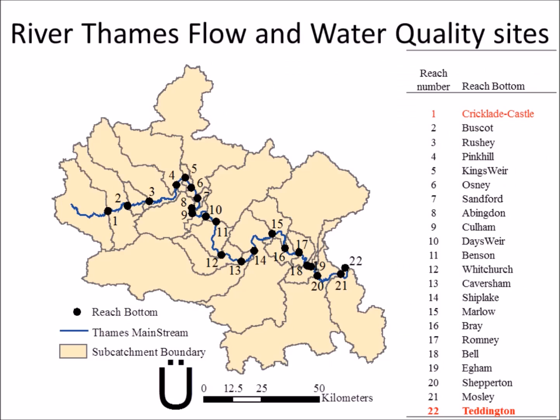We've set the model up for the whole of the Thames, from Cricklade down to Teddington. We model the flow, and this isn't a perfect hydrological model. It's a simplified hydrological model, but it captures the main dynamics of behaviour, and we try and compare it against the observed flows and the nitrogen.